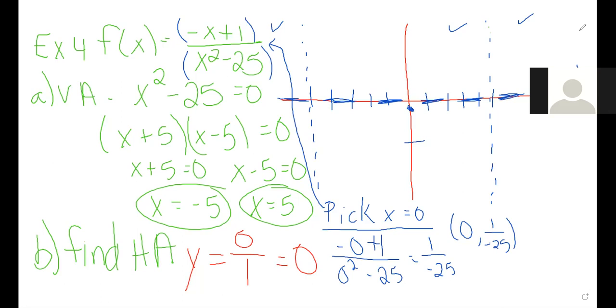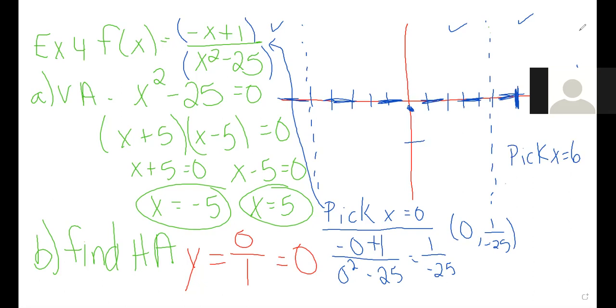And then I'm just going to pick 6 over here just so that I can pick one point out here and maybe we'll get a little bit of a bigger answer. And so we're going to pick x equals 6. And remember, you can pick whatever you want to as long as it's not an asymptote. So for this particular problem, you can't pick 5, you can't pick -5. You can pick anything else you want to.